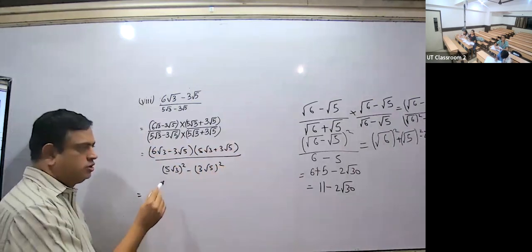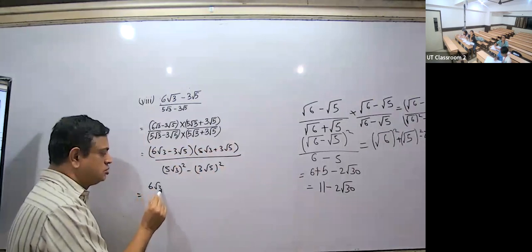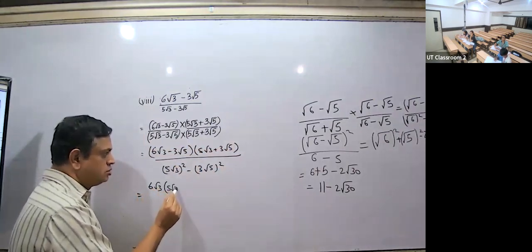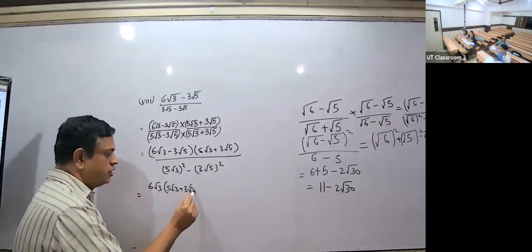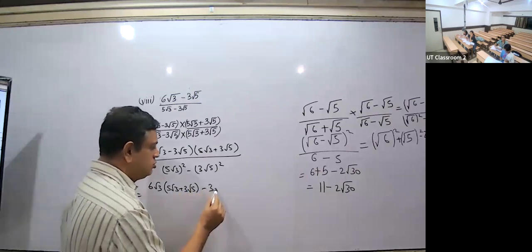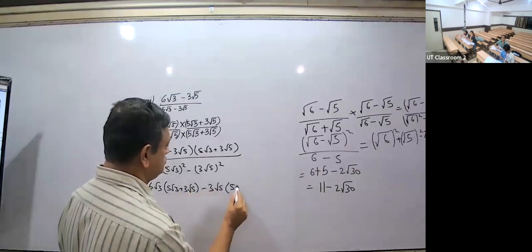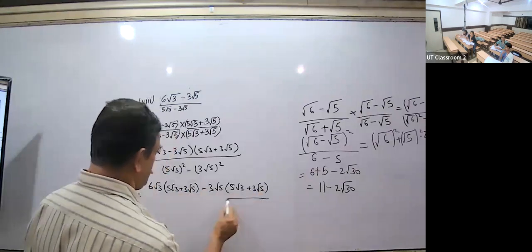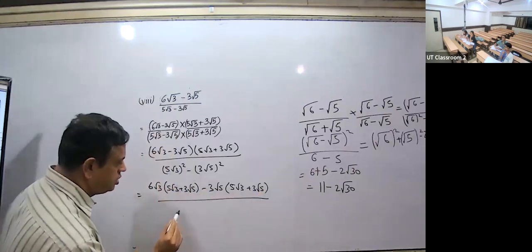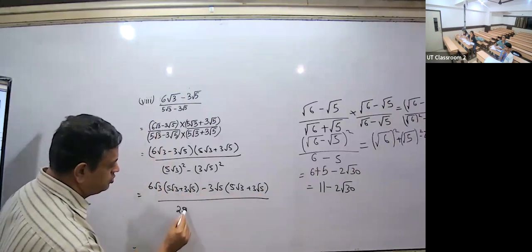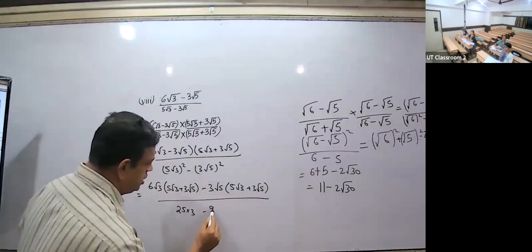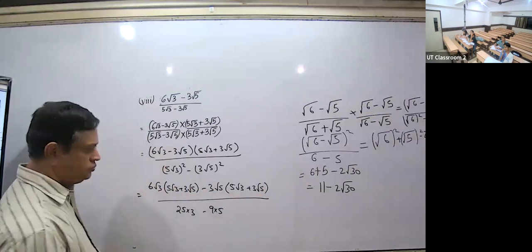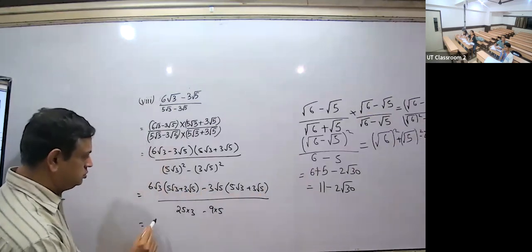If you want to do the numerator also, you can do 6 root 3 times 5 root 3 plus 3 root 5 minus 3 root 5 times 5 root 3 plus 3 root 5. 5 3s are 15 minus 9 times 5, 75 minus 45.